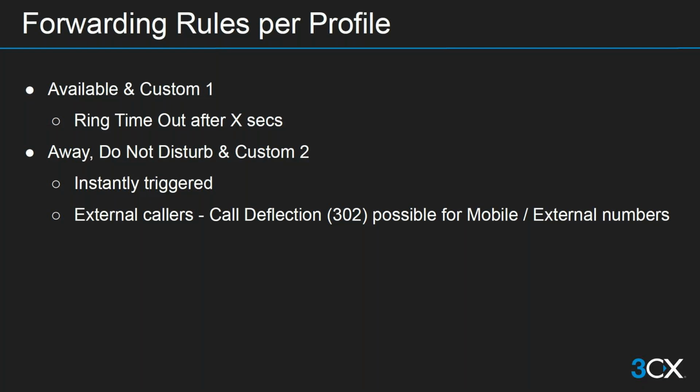And then external callers. Call deflection is possible for mobile external numbers. What call deflection means is that the destination where the call is forwarded to sees the original caller's number.